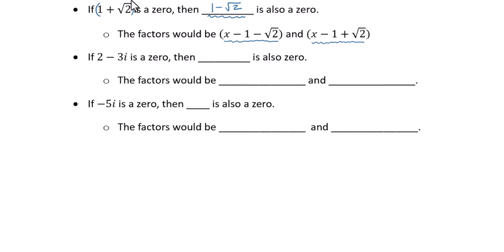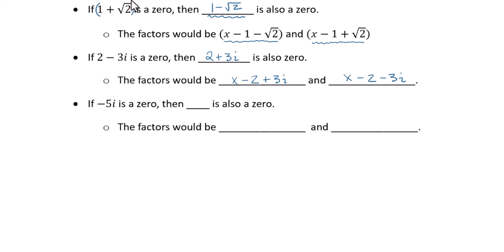Now, if 2 minus 3i is a 0, then 2 plus 3i is also a 0. And those factors would be x minus 2 plus 3i and x minus 2 minus 3i. If -5i is a 0, what would be the conjugate?